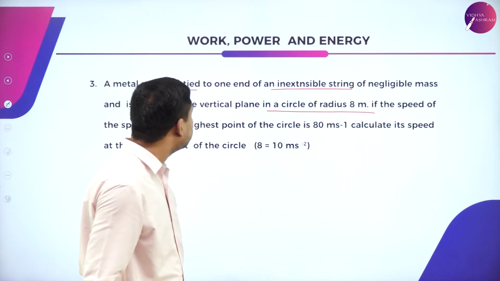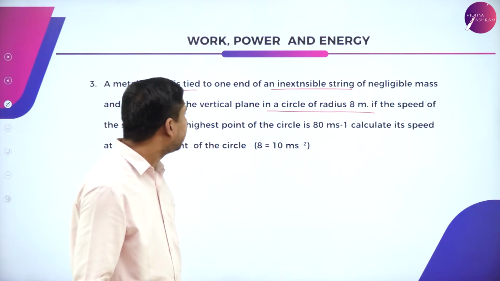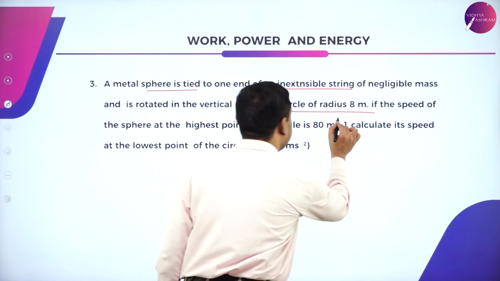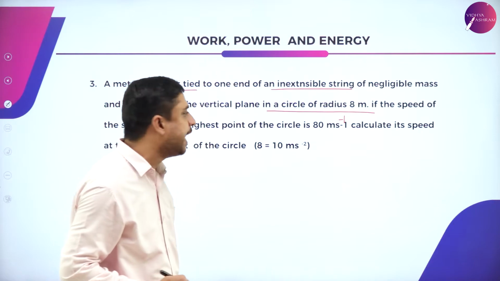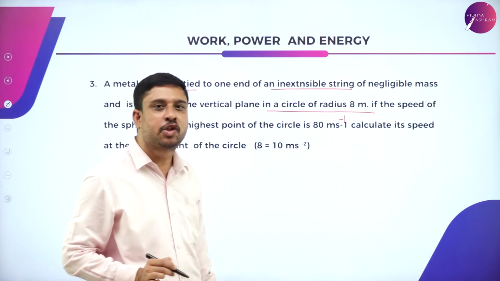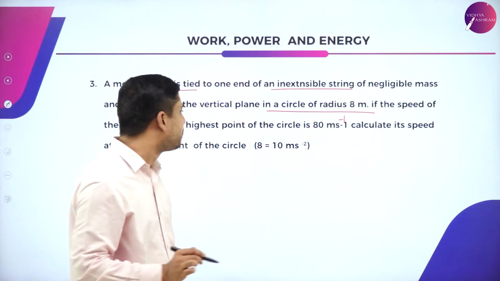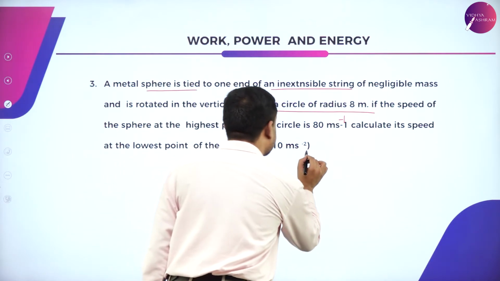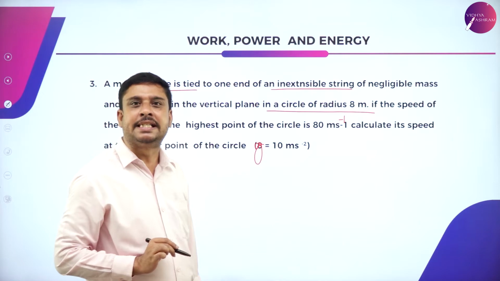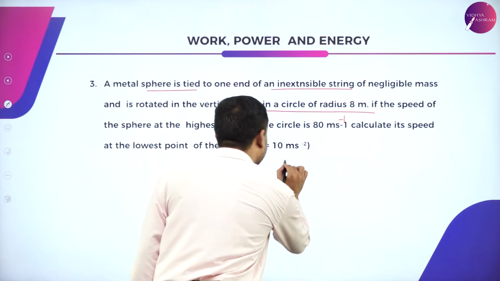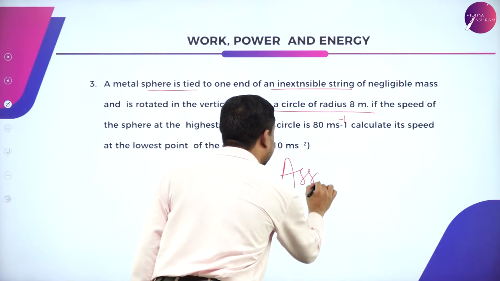If the speed of the sphere at the highest point is 80 meters per second, I have to calculate the speed of the sphere at the lowest point, taking g as 10 meters per second square. So this I will leave as an assignment.